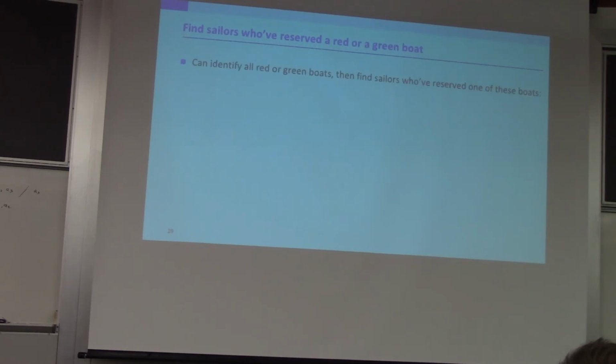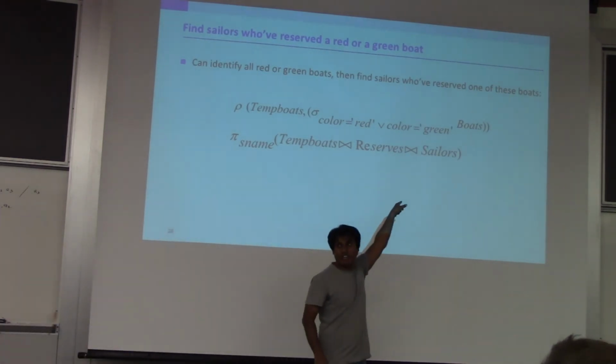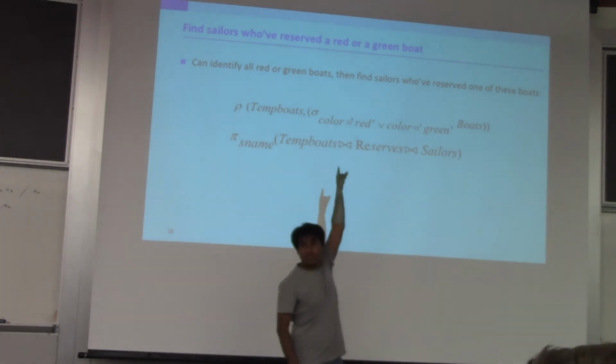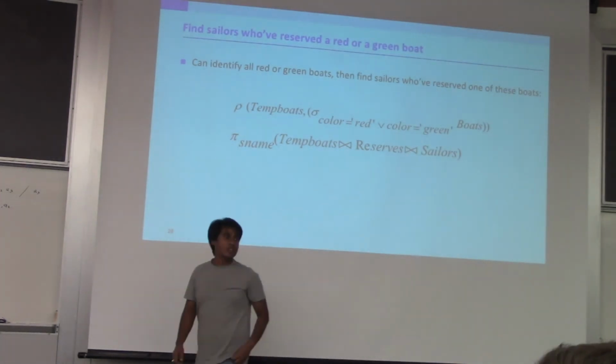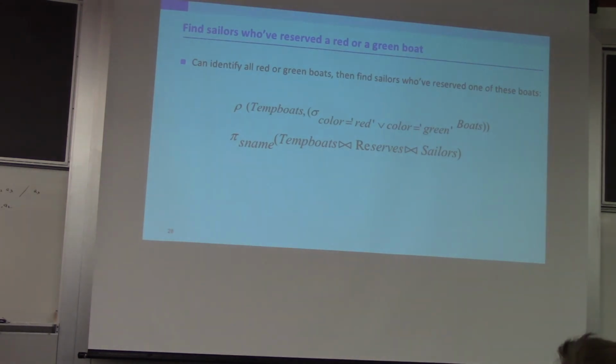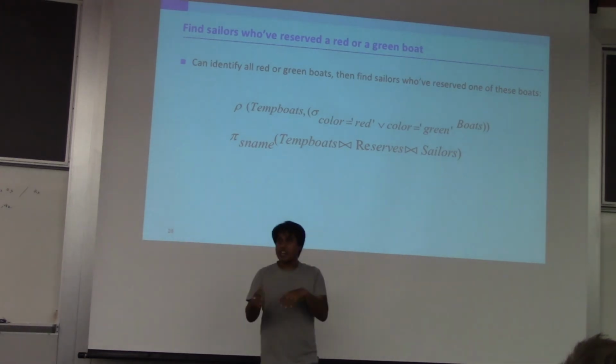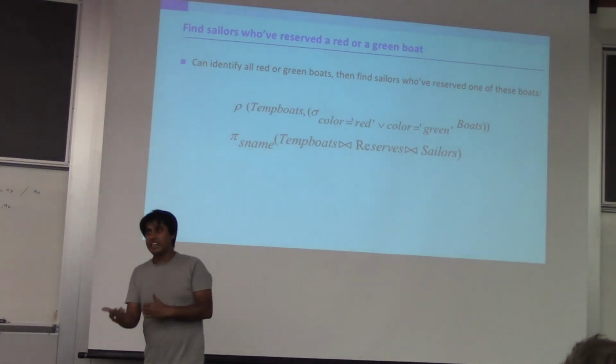So instead of doing this OR, can you just turn it into AND, and will that work? Why? Because you're going to end up with the color red and green. It's just going to be the null set basically, because none of the boats have two colors. Is there a boat with color red and green?